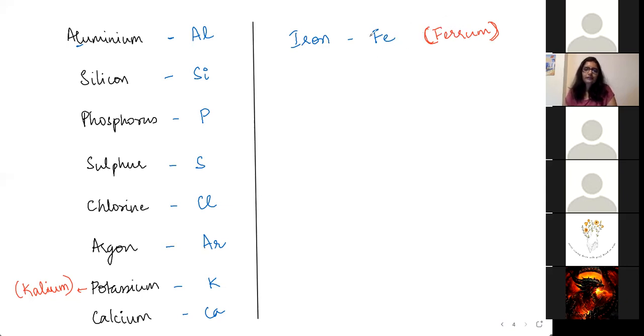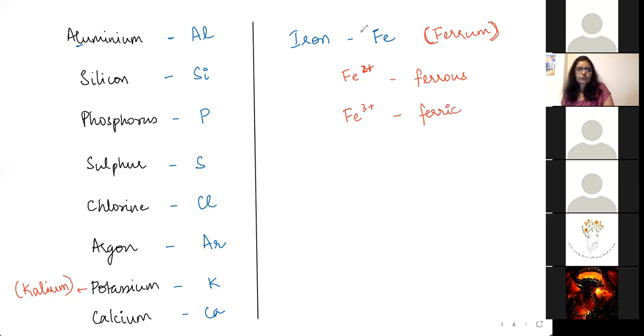So agar Fe forms cation, so if you have Fe2 plus ion, by losing electrons, positive charge aaya, this is called ferrous ion. And if you have Fe3 plus ion, this is called ferric.